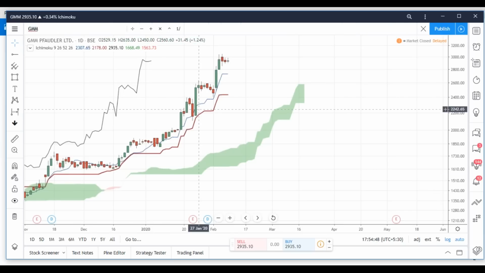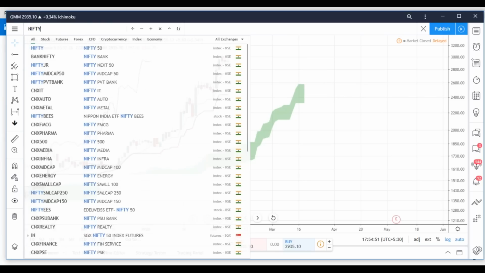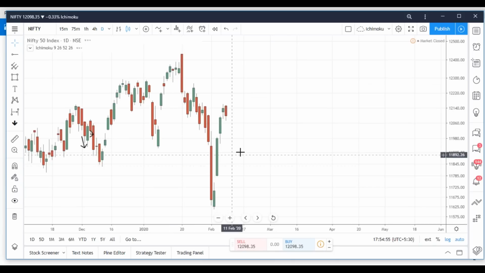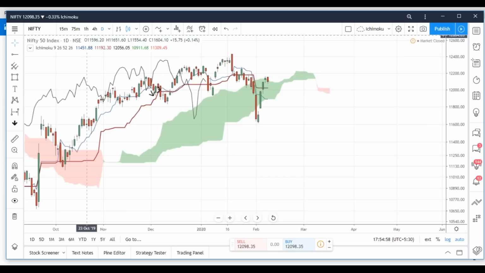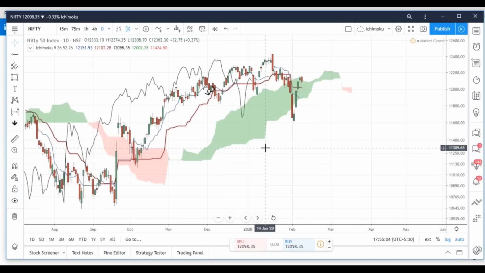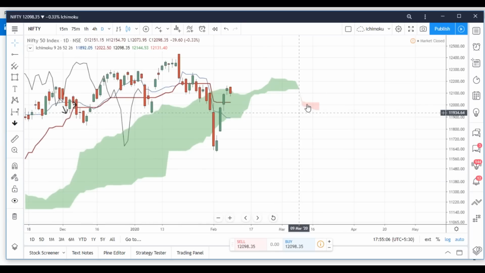So lastly, let's see Nifty, and then I will close this webinar. Nifty, as I said, is above the cloud, but a future bearish Kumo, or cloud, is giving a signal that we may see some correction before Nifty starts its upward journey.